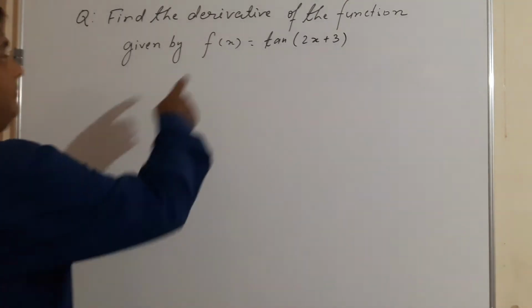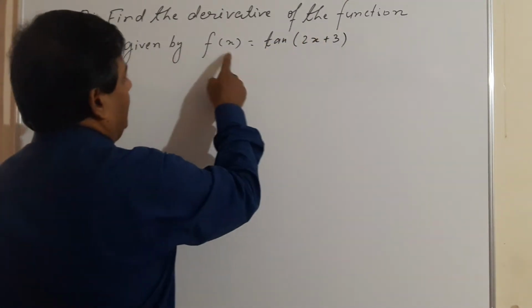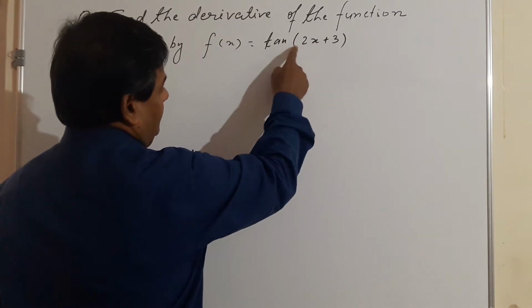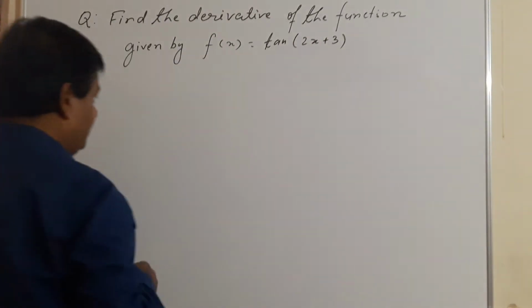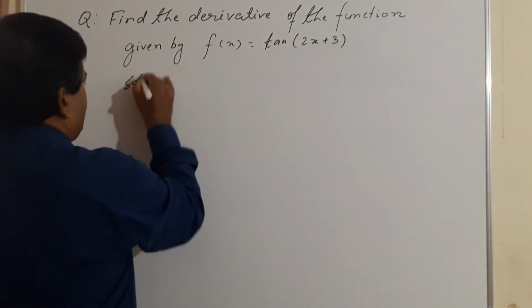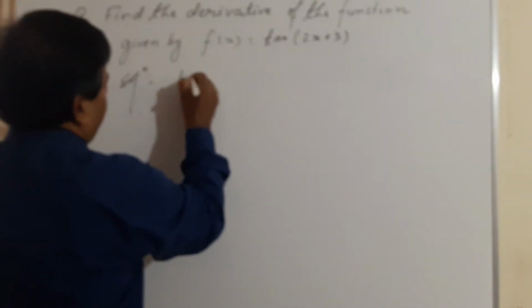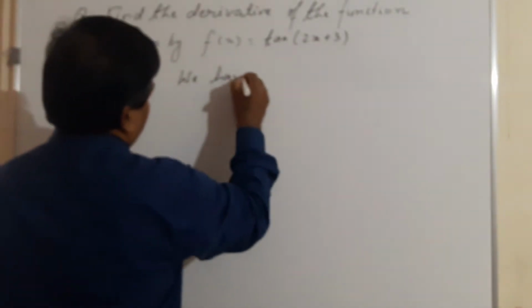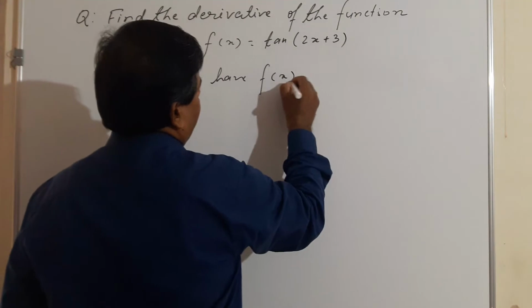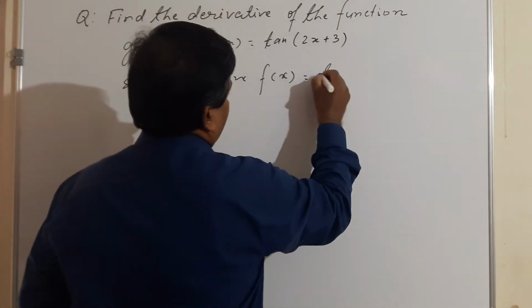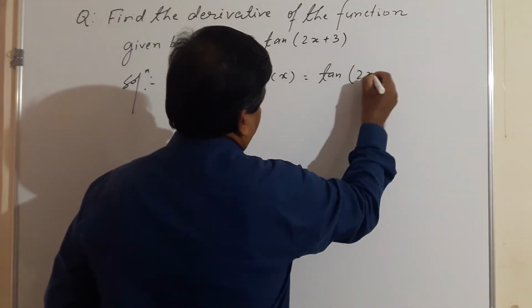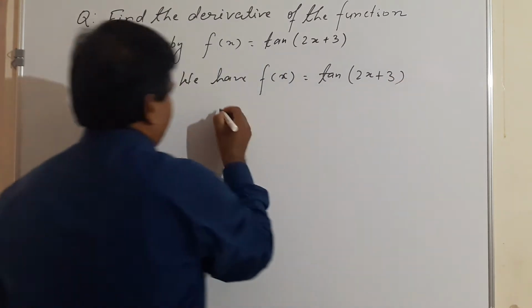Find the derivative of the function given by f(x) = tan(2x + 3). So see here, we have f(x) = tan(2x + 3).